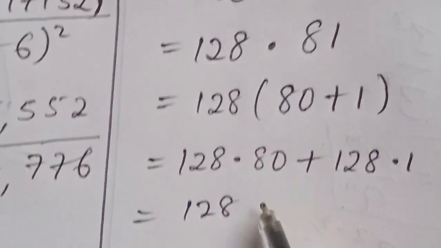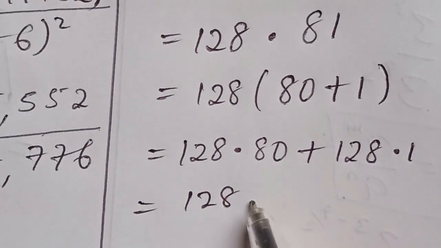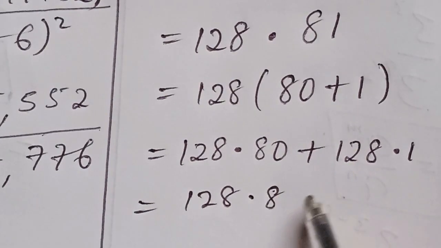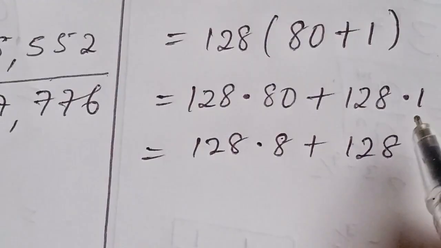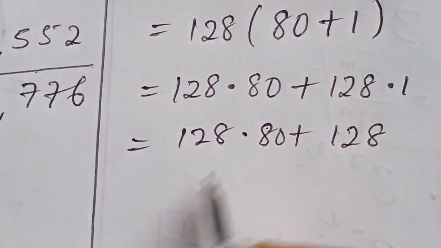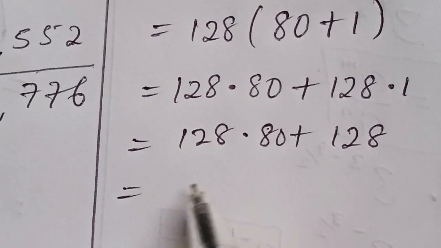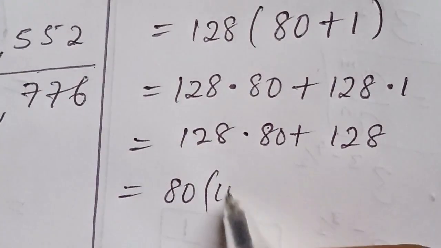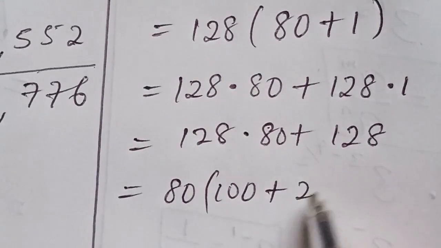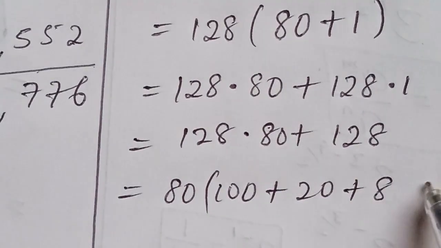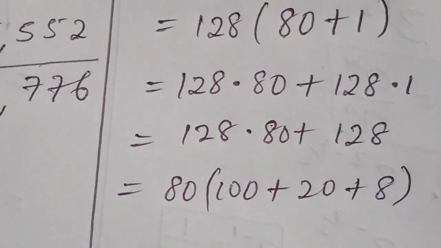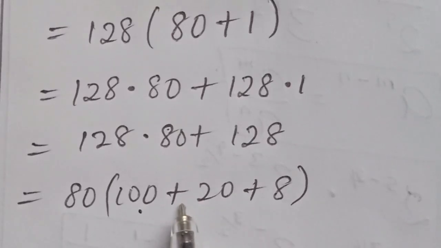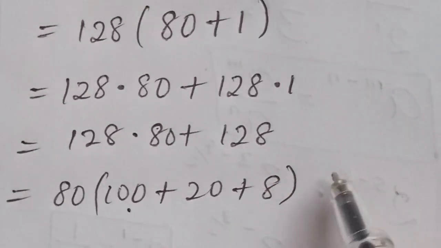So 128 multiplied by 80 plus 128. Here we can write 128 as 100 plus 20 plus 8, so we have 80 into bracket 100 plus 20 plus 8, then plus 128.